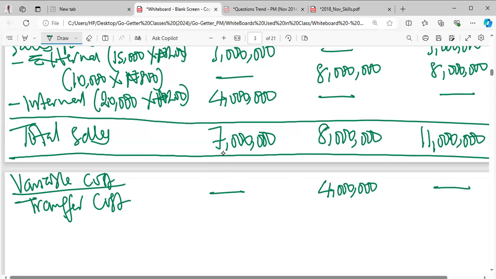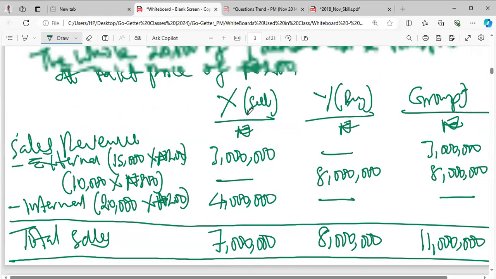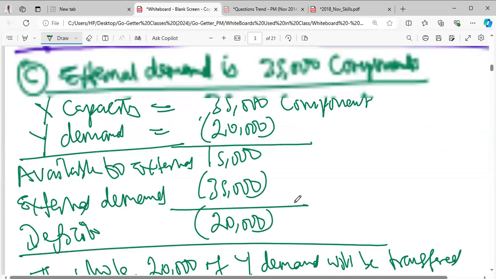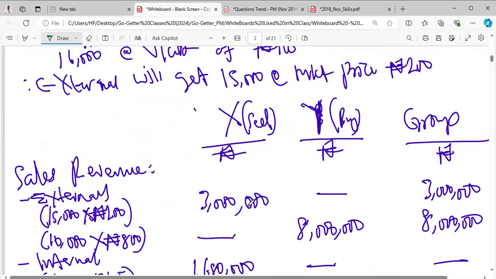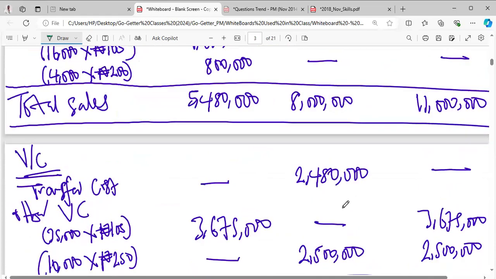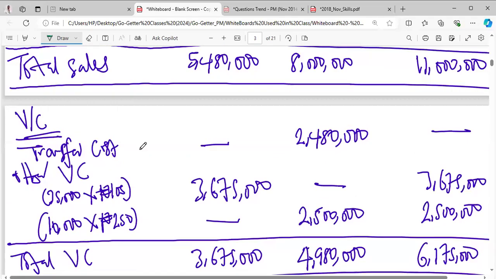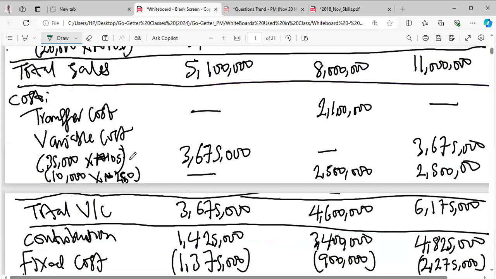Then we have our variable costs. It still didn't change because the variable cost we had here is still the same. This variable cost is 3,675,000 and this is 2,500,000.